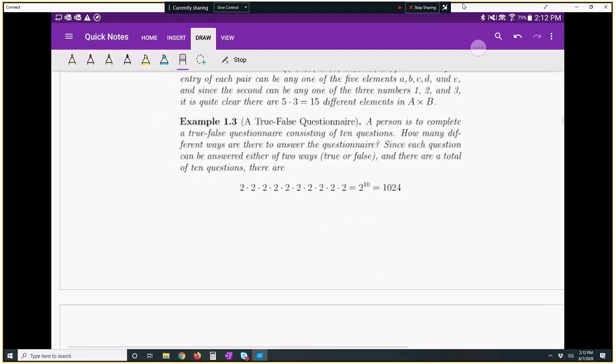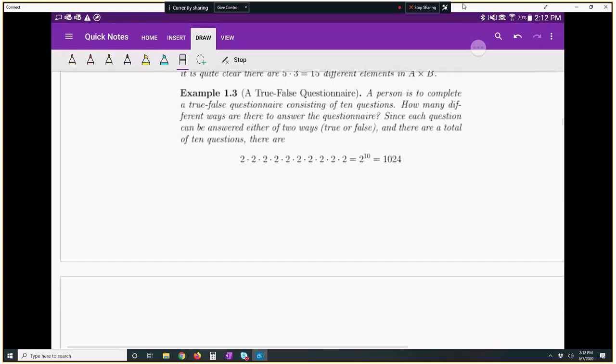So another example, a person is to complete a true-false questionnaire consisting of 10 questions. How many different ways are there to answer the questionnaire? Since each question can be answered in one of 2 ways, either true or false, then there are a total of 2 to the 10th power, because there are 10 questions.